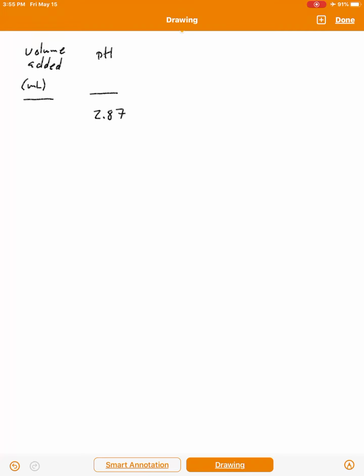So this was when we didn't add any. When we added 10, we had 4.56. When we added 25, we were at 8.72. And then when we added 35, we were up at 12.22. So let's draw a curve.